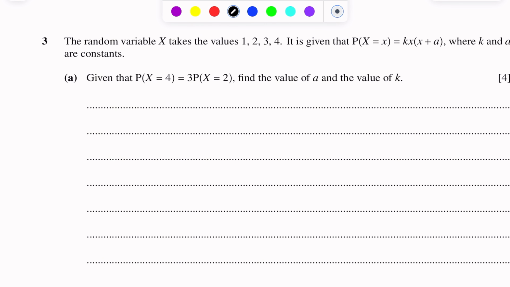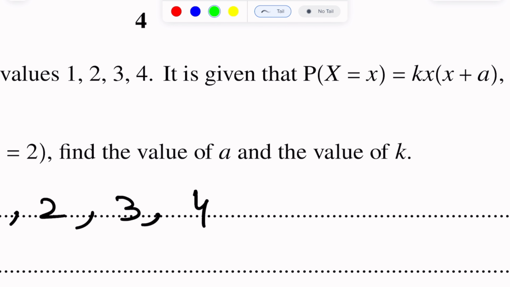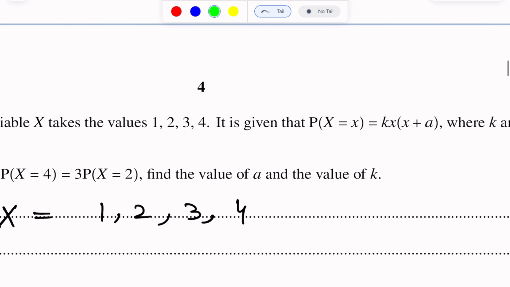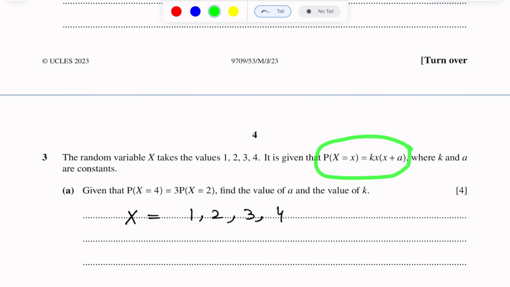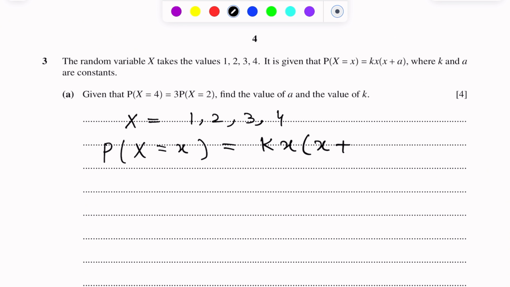X can take values 1, 2, 3, 4. Now, first we will use this probability formula to find the probability against each value of X. Since this is a relation, probability of X equal to x is kx into (x plus a).